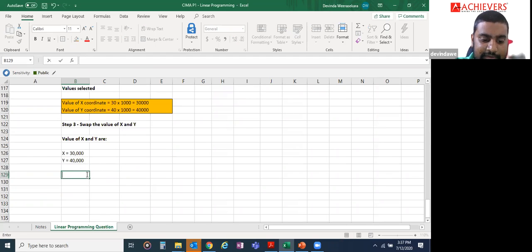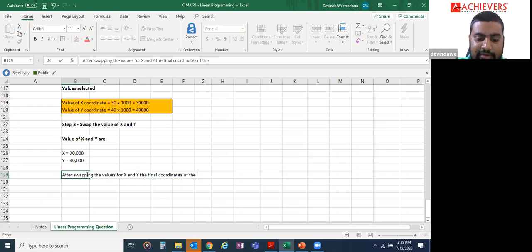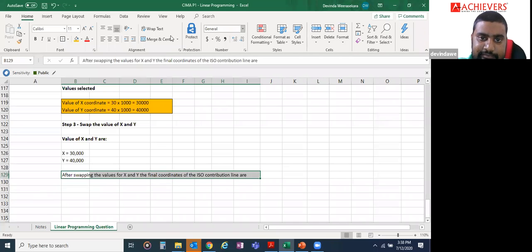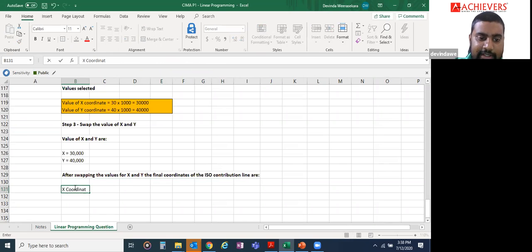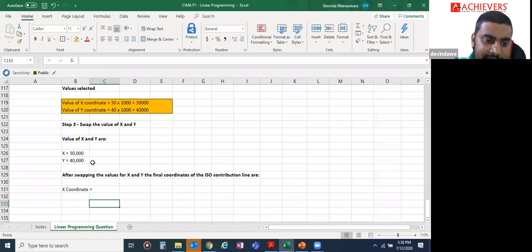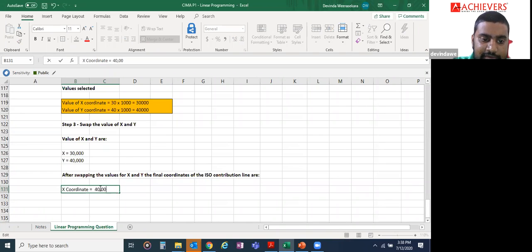Now after swapping values of x and y, the final coordinates of the iso contribution line are: when you swap, currently x is 30,000, y is 40,000, so x coordinate will be 40,000, y coordinate will be 30,000.